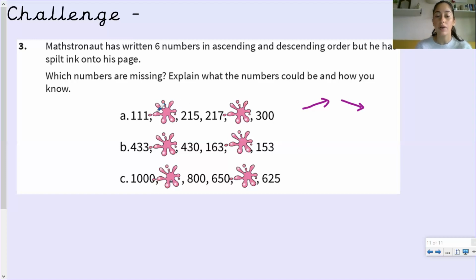So the number that I put here has to be between 111 and 215. For example, I could put the number 120. Because I've started with a smaller number, my number's gotten bigger, and then bigger, and then bigger, but your number could be different, but it still needs to make sense.